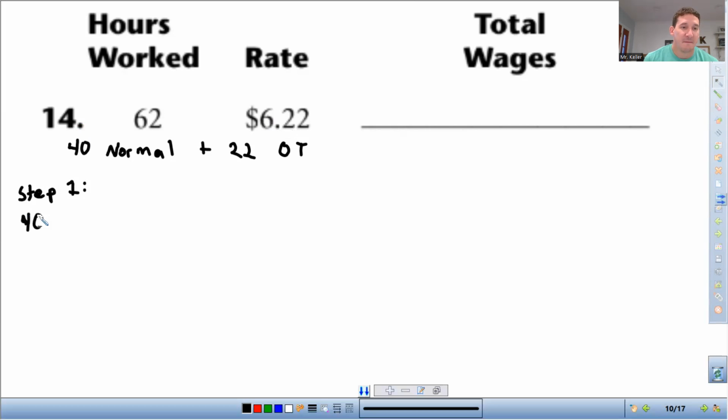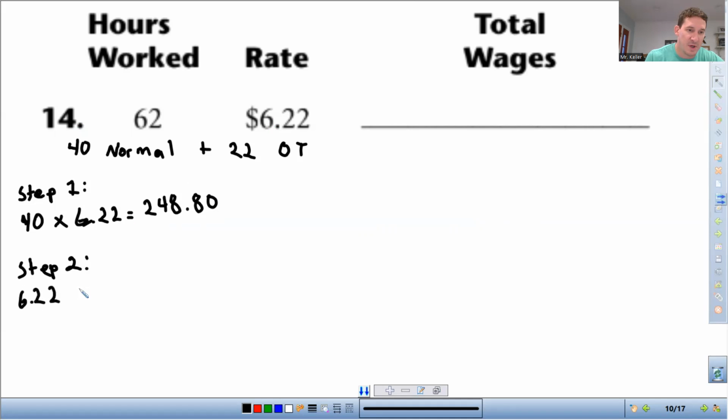Anyway, 40 hours times 6.22. 40 times 6.22 comes out to 248.8, so $248.80. Step 2, figure out the overtime rate. It's going to be 6.22 times 1.5, and that's $9.33.